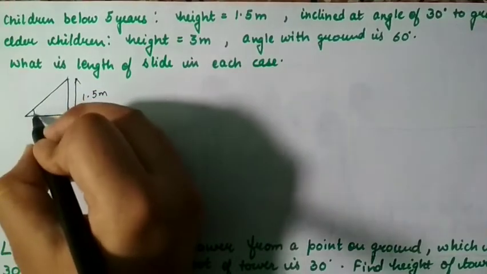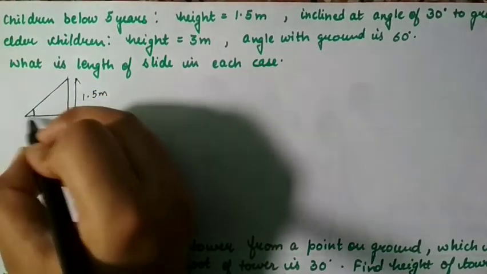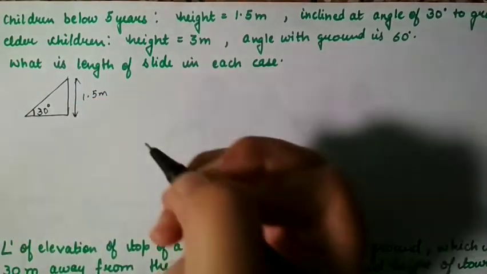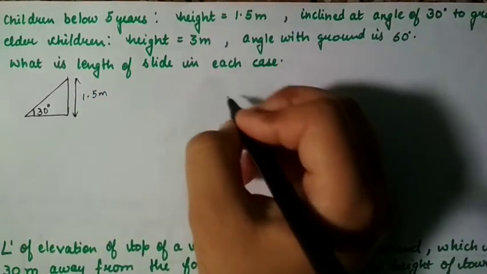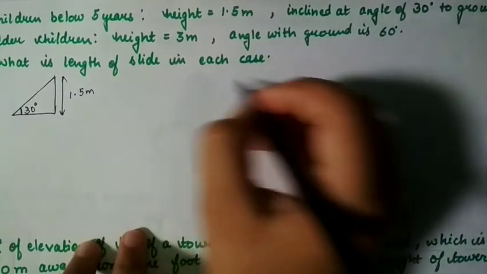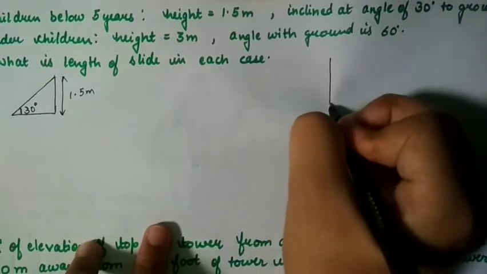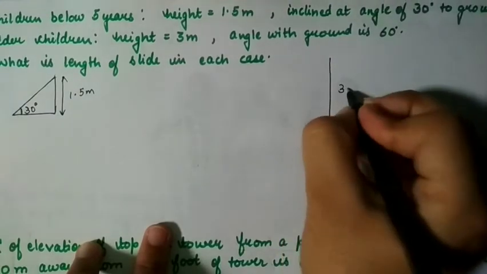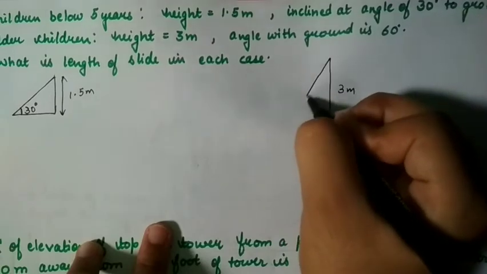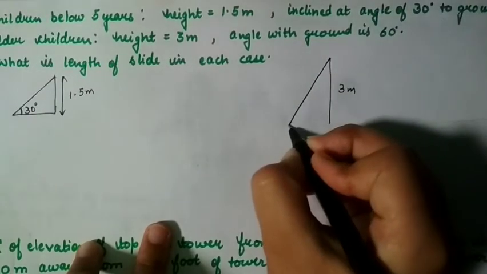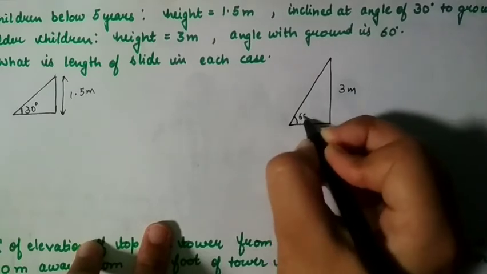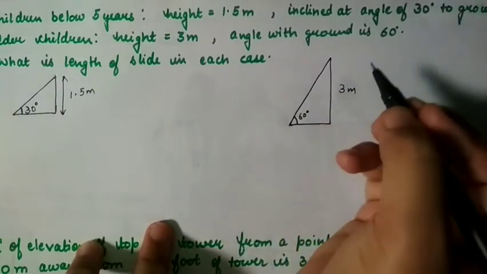It means this angle, the slide will be inclined to the ground at an angle of 30 degrees for children below 5 years. And for children above 5 years, she decides that the height of the slide will be 3 meters, and also the angle with the ground will be 60 degrees for elder children.